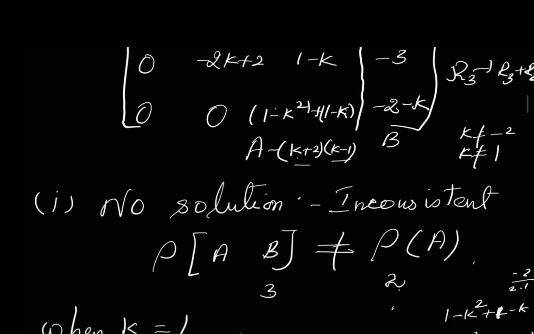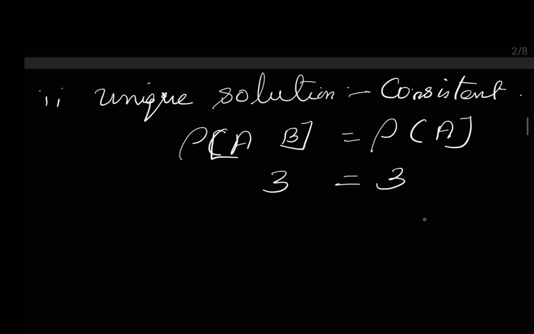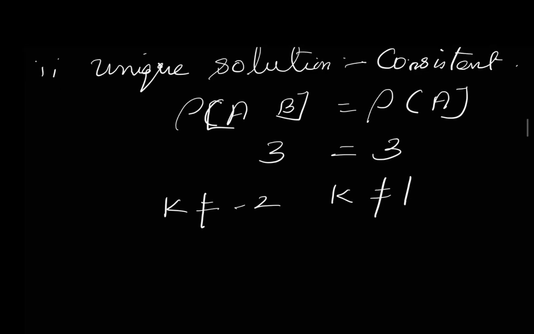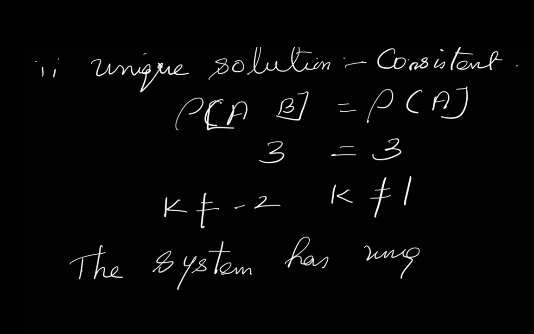Therefore, already we found k should not be equal to minus 2 and k should not be equal to 1. So in that case, you will get the unique solution, and also both have rank 3. So the system has a unique solution.